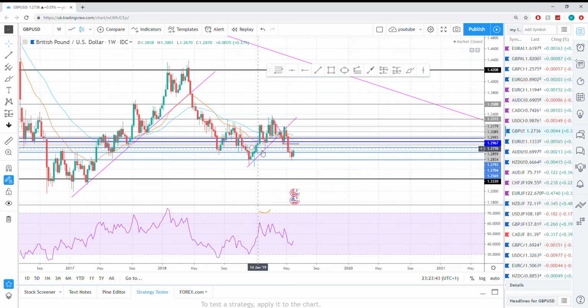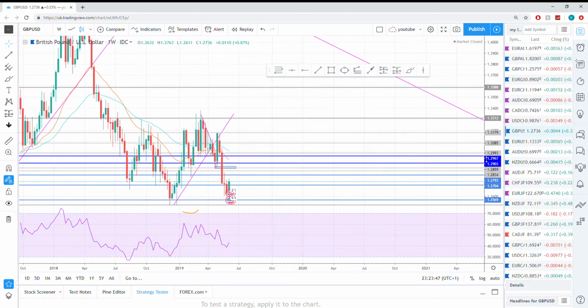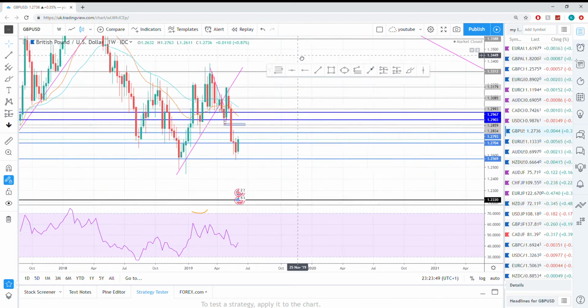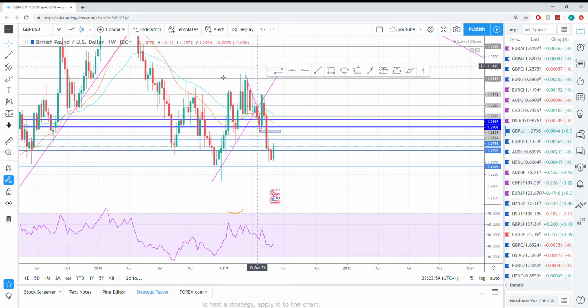So we're currently on the weekly time frame, and as we can see, we're coming down to our resistance line here at 1.2569. We had a touch of rejection. But the EMAs are switched over for a buy indicator, so ultimately we're still in this short, but we're not too sure if the market has actually reversed yet.